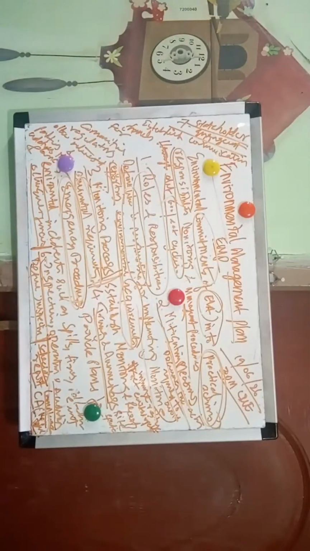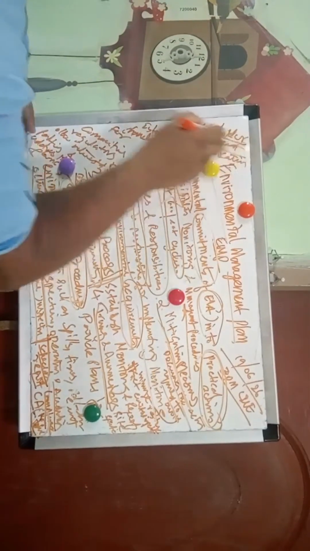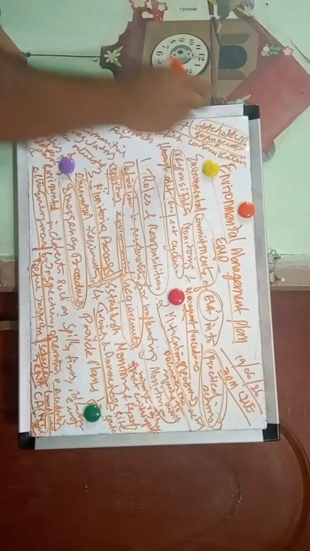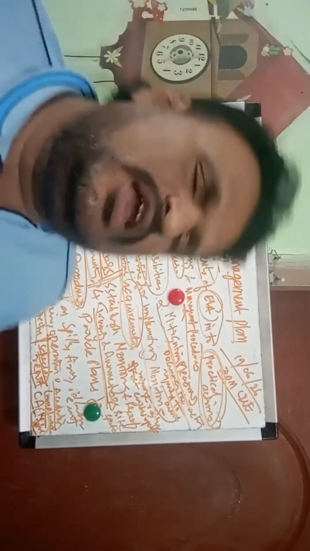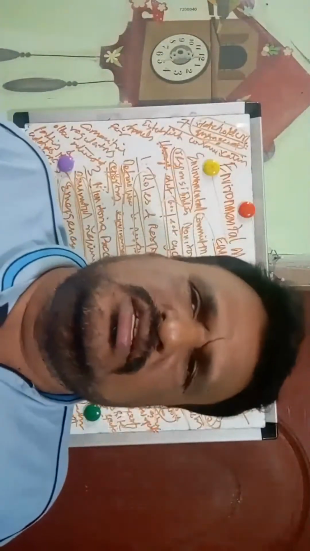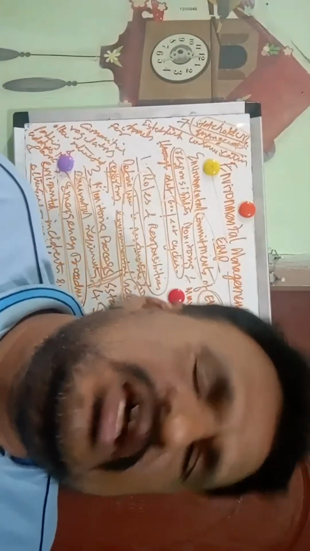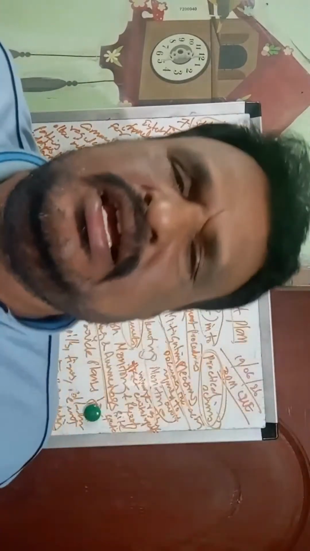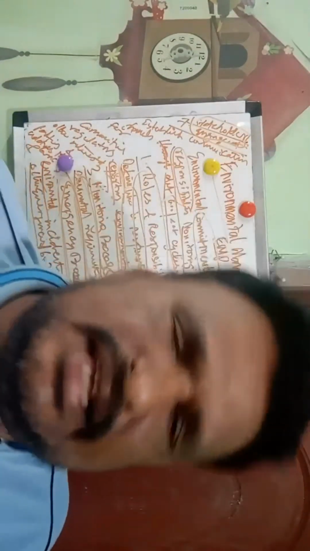So that was the sixth one. Then the seventh one, stakeholder engagement. For each and every big company, there will be stakeholders. You have to engage stakeholders on environmental impact assessments.